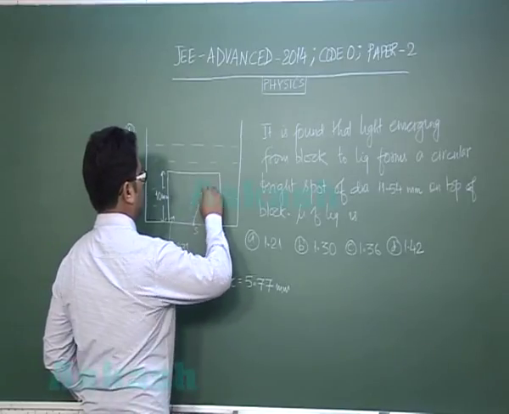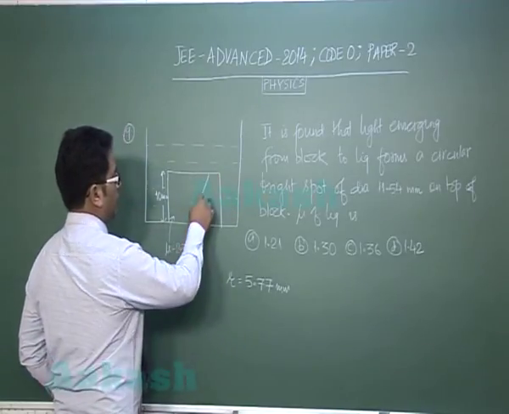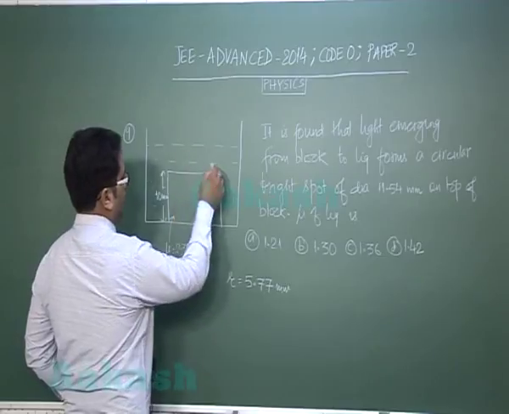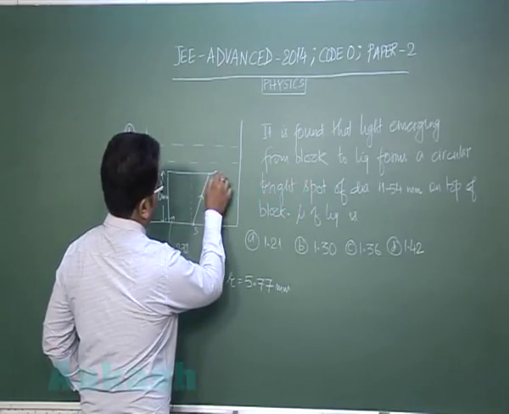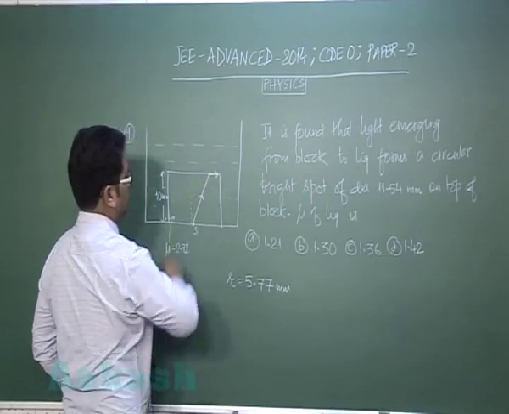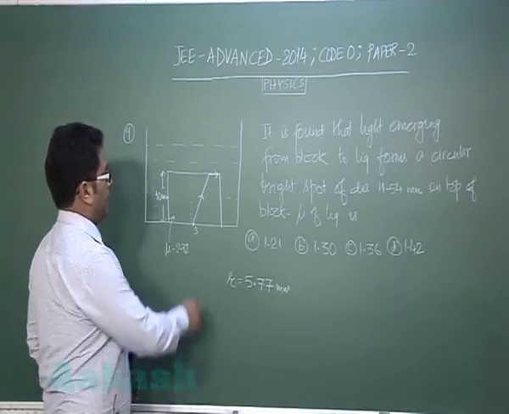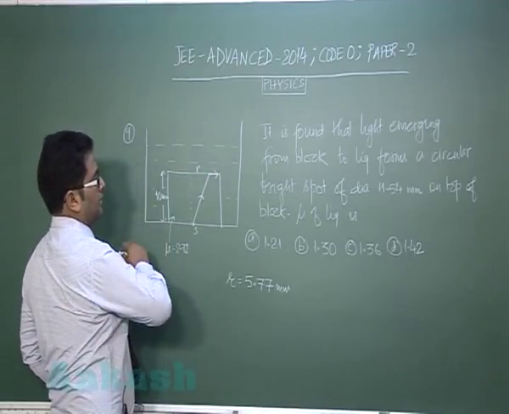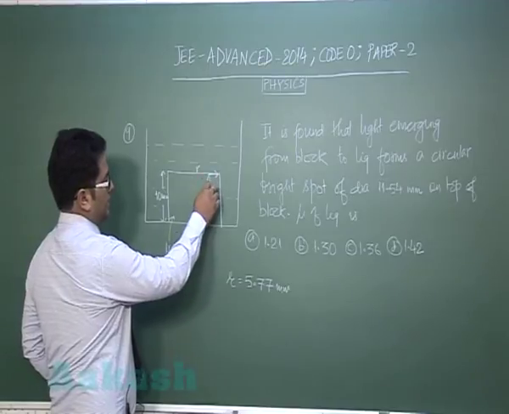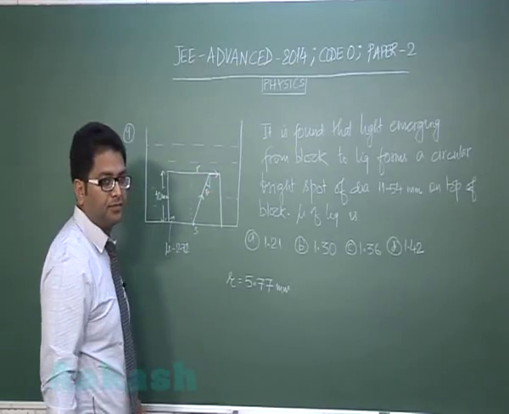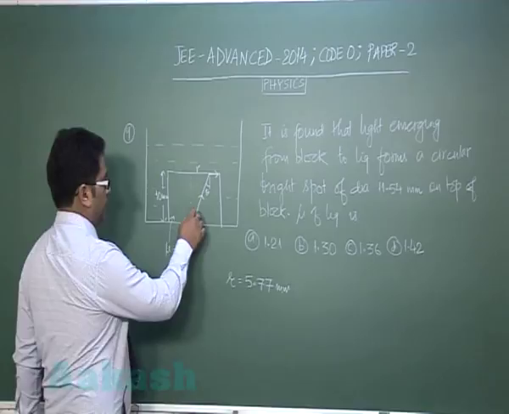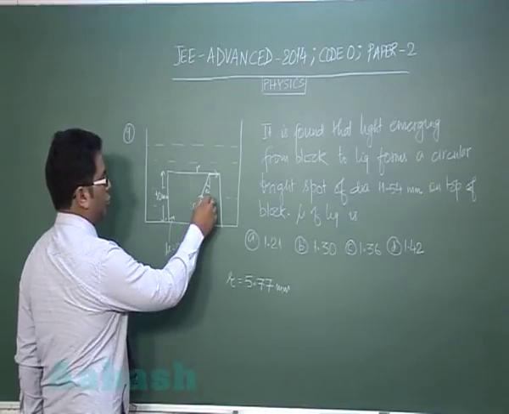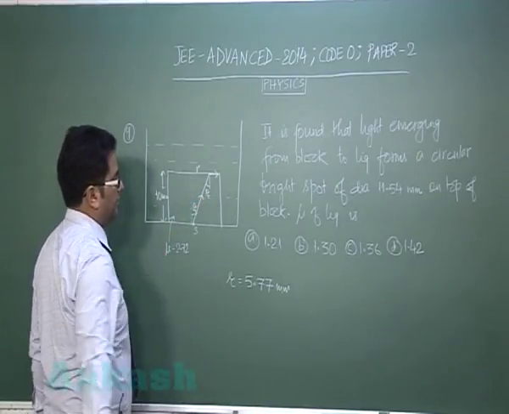Quite obviously it goes in this way, denser to rarer. The light would emerge till the critical point, and this is the radius. This is theta, and this angle is also theta, more precisely the critical angle.